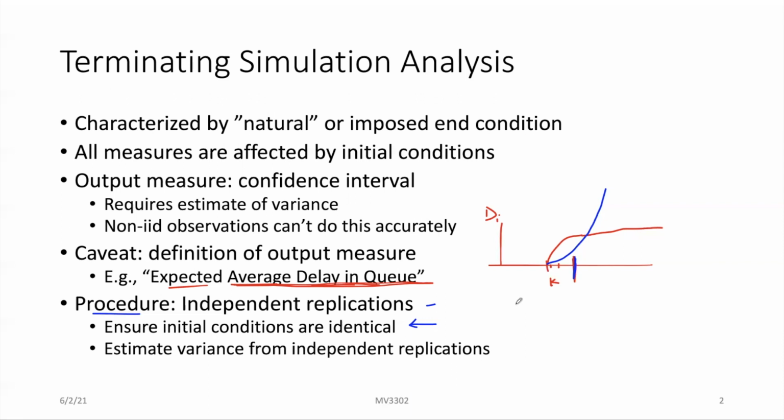Our random variates did not get reset because if we reset the seed of our random variate back to where it was, we would get exactly the same value on the next replication. So we don't reset the random variate seeds. We just keep them going so that we get an independent replication. So if we assume the initial conditions are identical, we can therefore estimate our variance from independent, identically distributed replications. And that's what we've been doing.